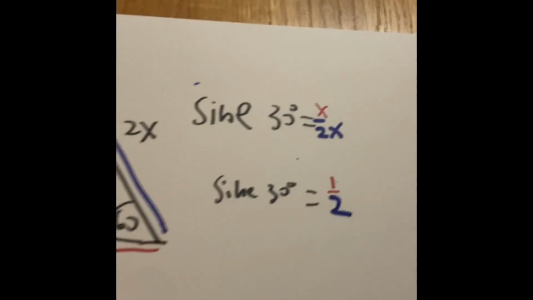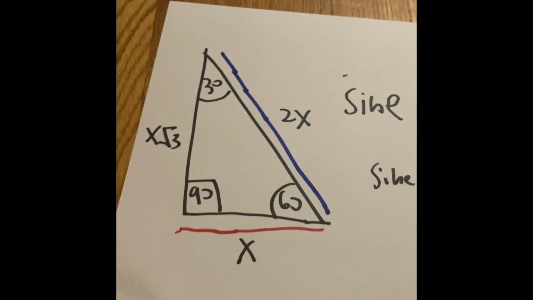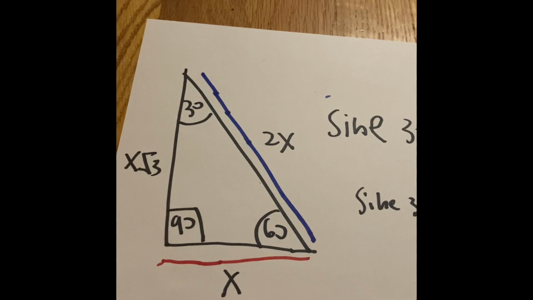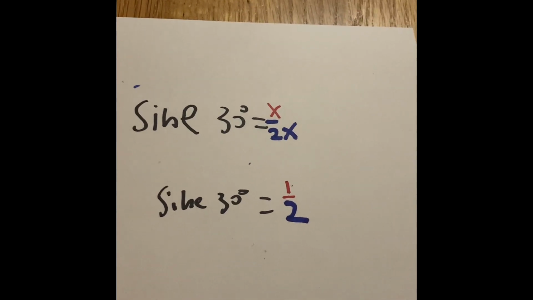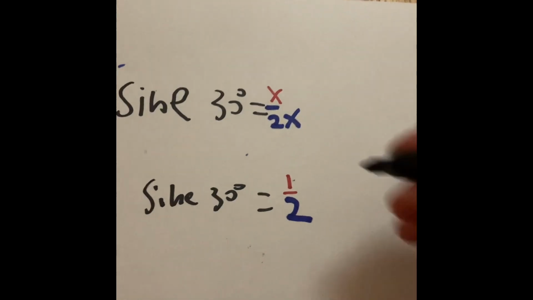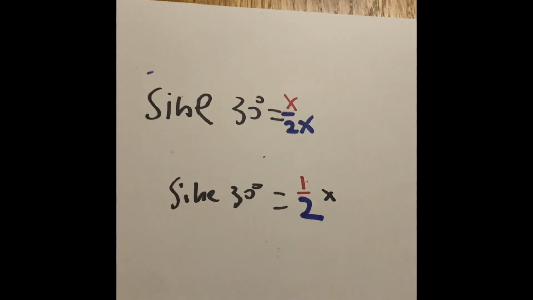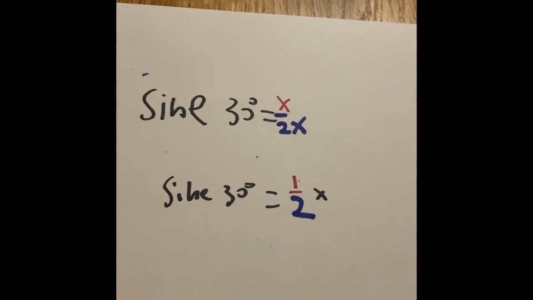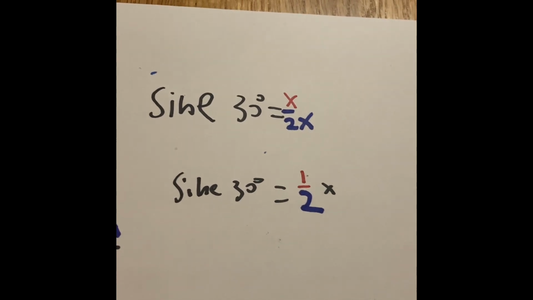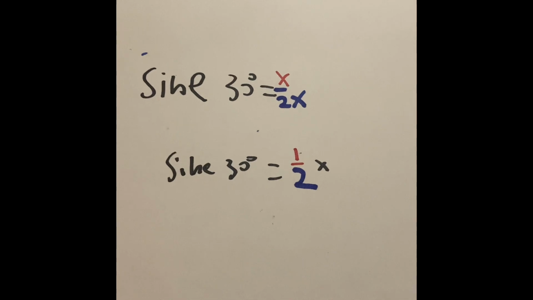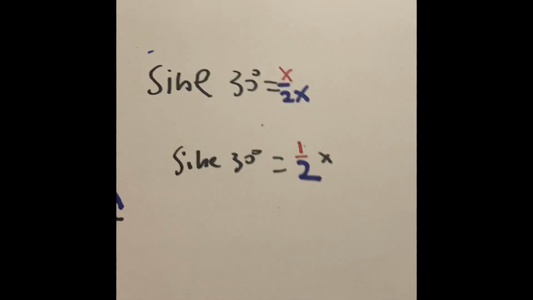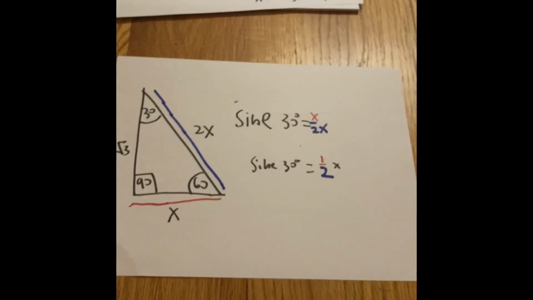The reason is that opposite divided by hypotenuse, x divided by 2x, is going to be 1/2. So basically, that is going to be our answer. We are not going to find anything else because all we said is we are going to do it without a calculator. So that is how we find the sine.